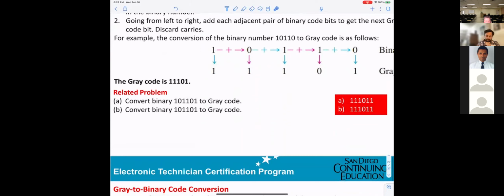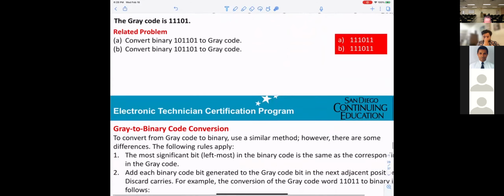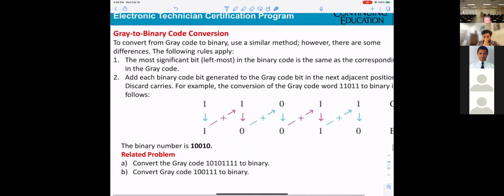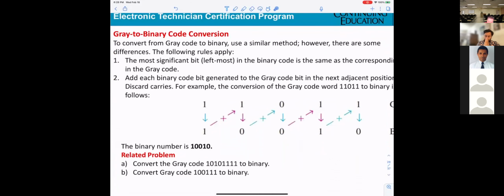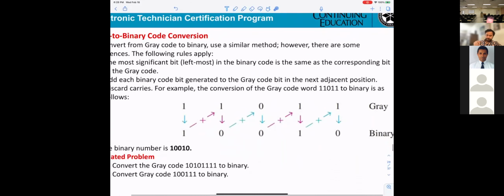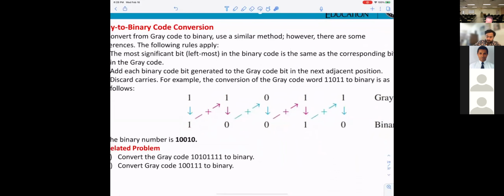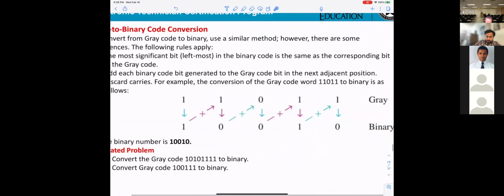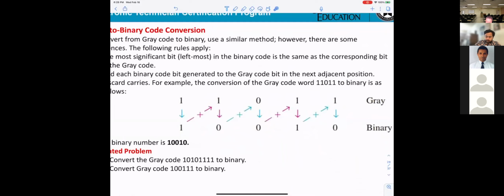Related problem. Okay, convert binary to gray code. You can do it. We already have the answer here for you. And then gray code to binary. The number here, 1 1 0 1 1, that's a gray code. Now they want binary. So the most significant bit here, bring it out.